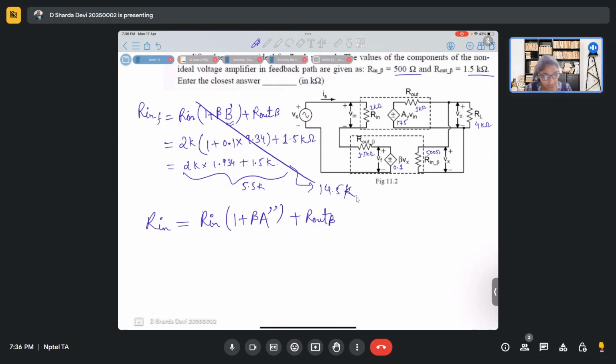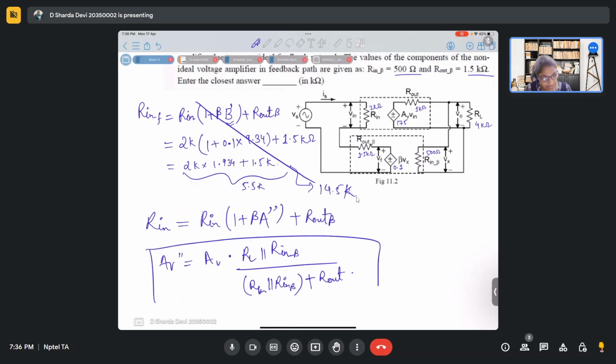So A_V'' is actually A_V into R_L parallel R_in beta, upon R_L parallel R_in beta plus R_out. So this is actually A_V''.